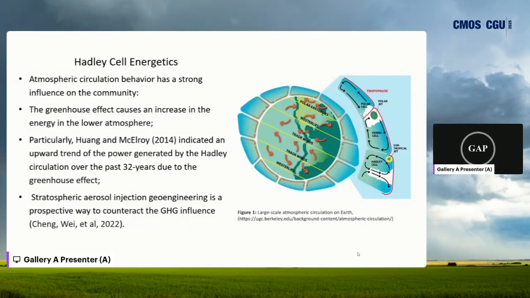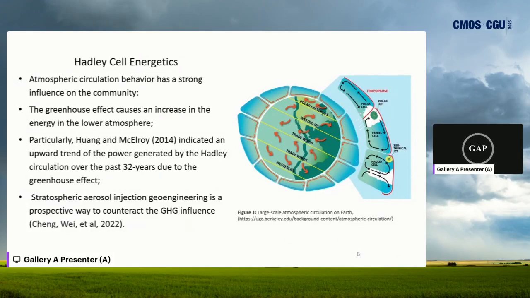And according to some research, we know that there is a trend of increasing power of the Hadley cell. So to avoid and counteract what happens by greenhouse gases, we can, for example, use a geoengineering approach like injection of stratospheric aerosols.